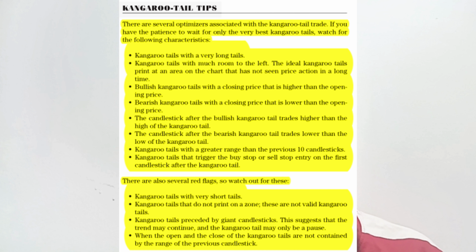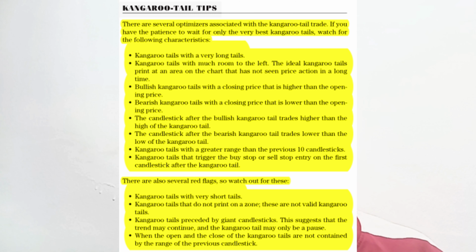The ideal kangaroo tail prints on an area on the chart that has often seen price action in a longer time. Bullish kangaroo tail with a closing price that is higher than the opening price. Bearish kangaroo tail with a closing price that is lower than the opening price.